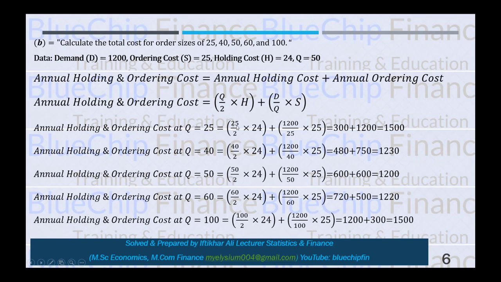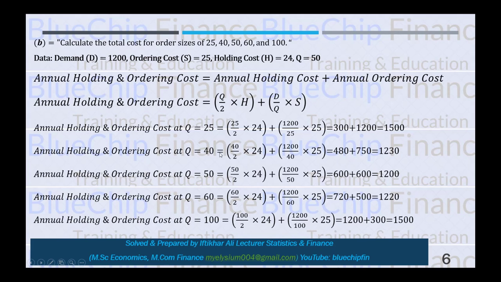So 25 divided by 2 multiplied by holding cost 24, plus demand 1200 divided by Q, 25, multiplied by your ordering cost 25. So finally your answer is 1500.